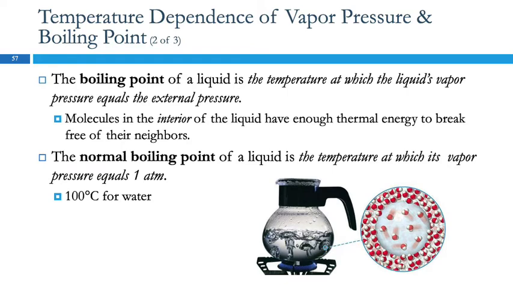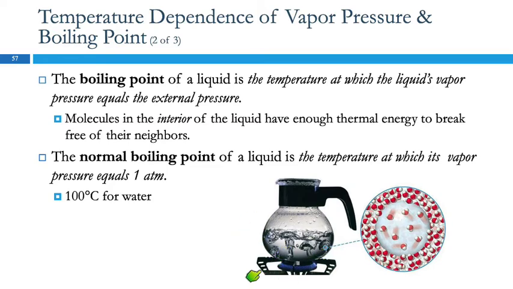So, I don't know about you, but I think defining what is boiling, right? Well, boiling is when the water is hot and there's big bubbles coming up from the bottom, right? That's boiling. Well, scientifically, what is that? It's the temperature at which the liquid's vapor pressure equals the external pressure. So why are those bubbles forming?